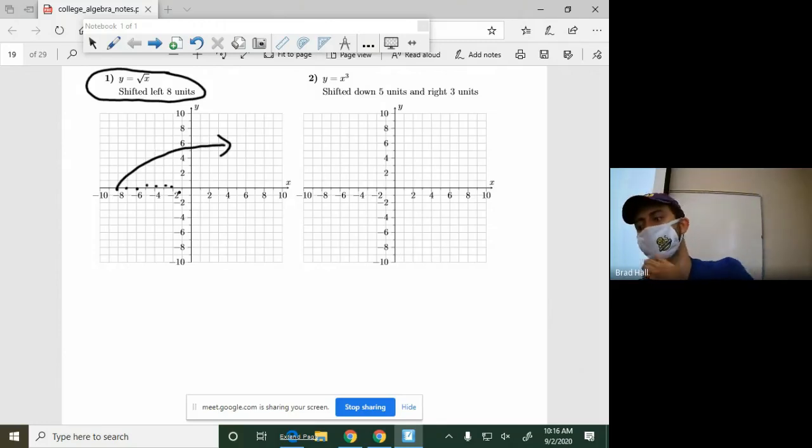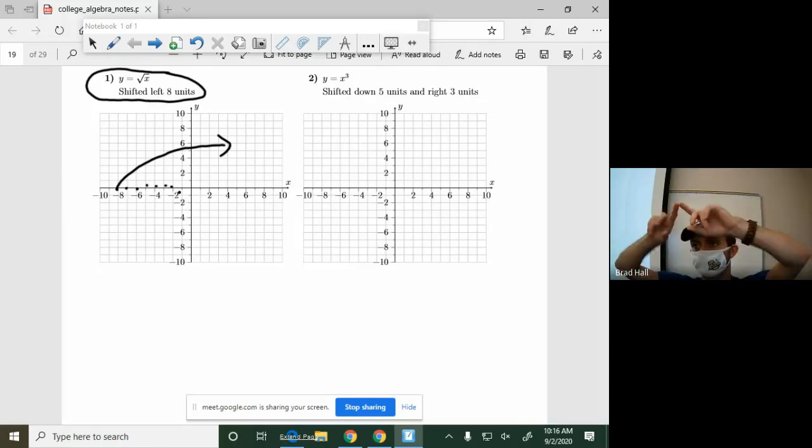Now in MyMathLab, they simplify this process for you big time. You will notice various shapes. So it has this tool that it has the shapes and it will move things accordingly. You tell it to shift to the left 8 or horizontally to the left 8 units.